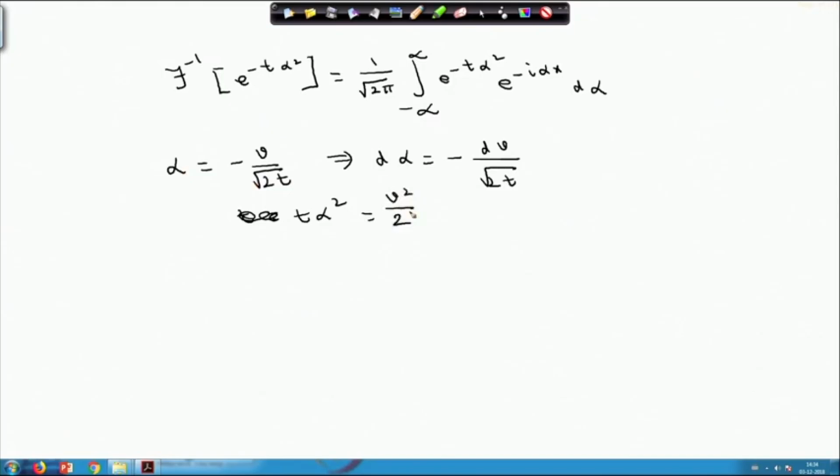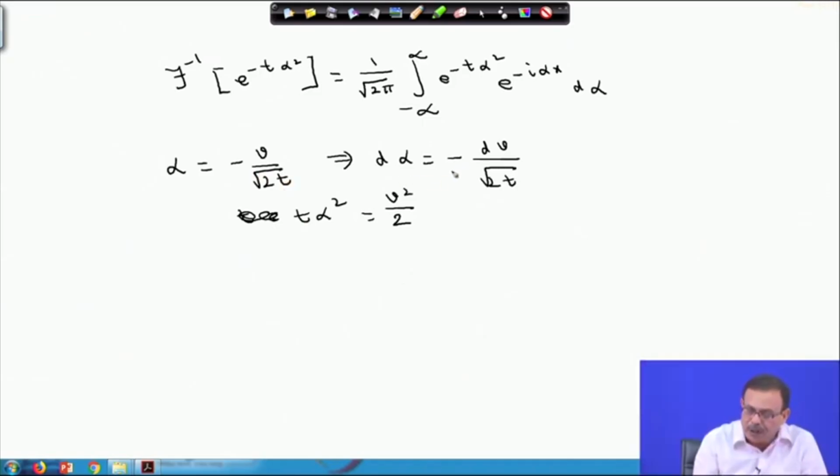So, I am substituting alpha equals minus v by root over 2t, so that you will obtain d alpha equals minus dv by root over twice t. From here I can write t into alpha square equals v square by 2.